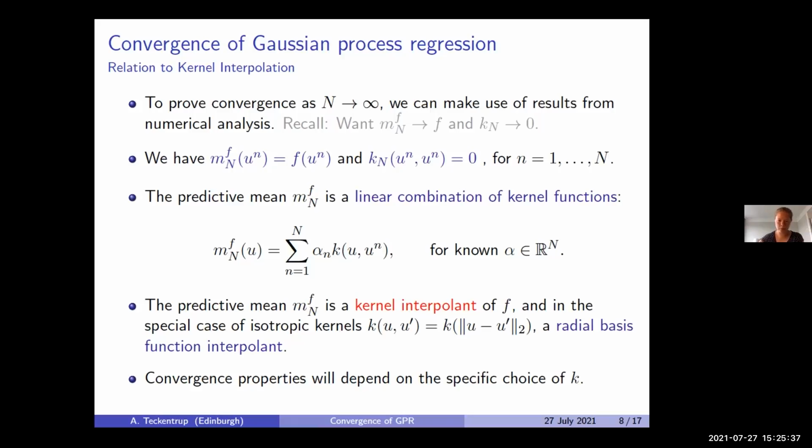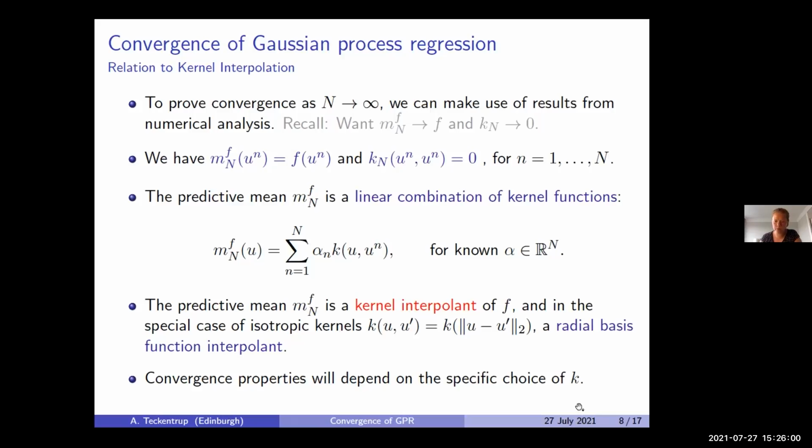There are very general results out there. Whatever your favorite covariance kernel is, there should be some results that tell you what convergence properties and rates you get, and what assumptions you need on your function f for this to work.